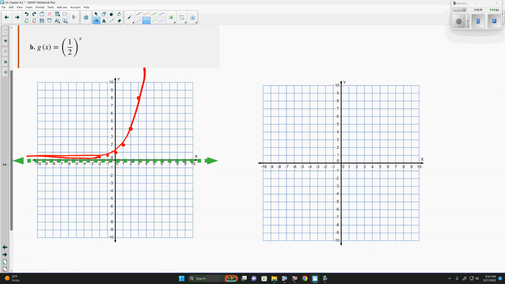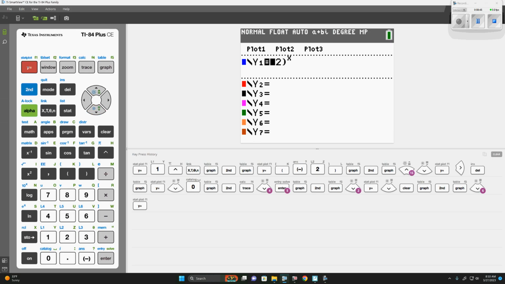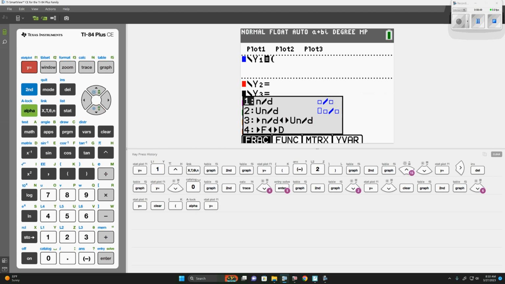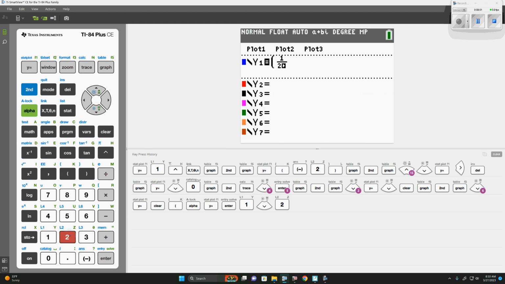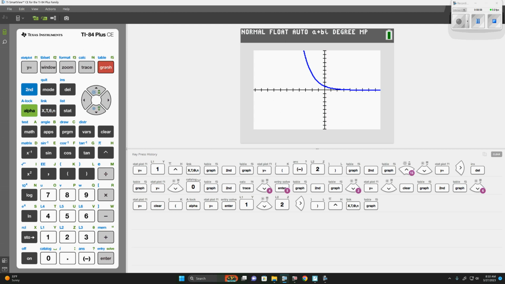Let's look at the next one, 1/2 to the x. We'll still have a horizontal asymptote at y equals 0. Because I can come into the graphing calculator, clear this out, put parentheses, enter 1/2 to the x, and hit graph.